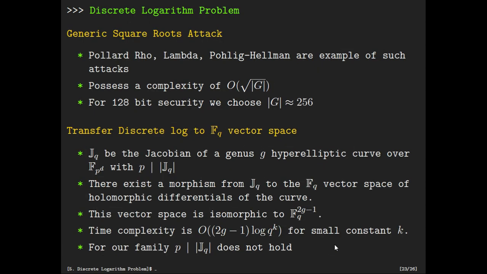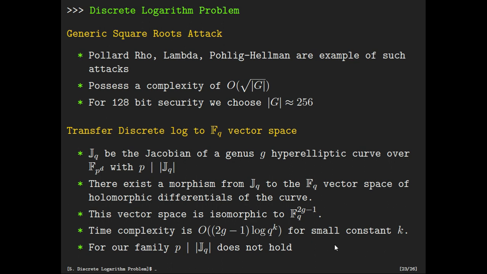Now this is the discrete logarithm problem, the security. We have generic square root attacks. We transfer discrete log to the FQ vector space. Suppose JQ is the Jacobian of the genus g hyperelliptic curve over Fp to the power d, with P dividing the order of JQ.